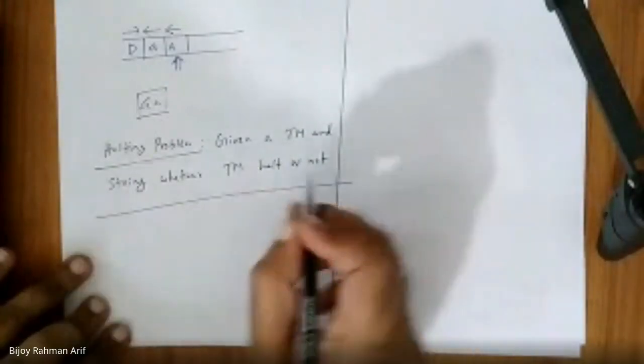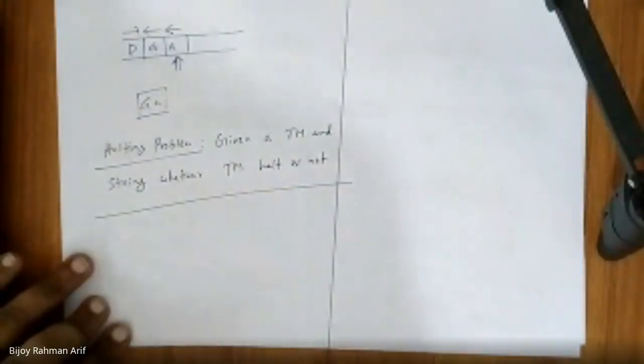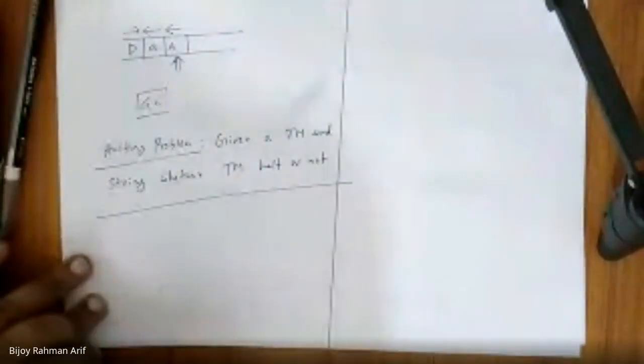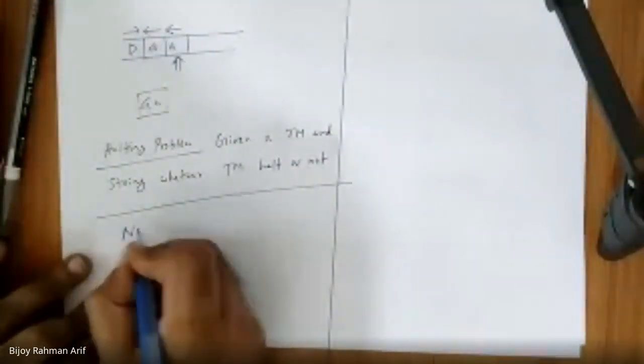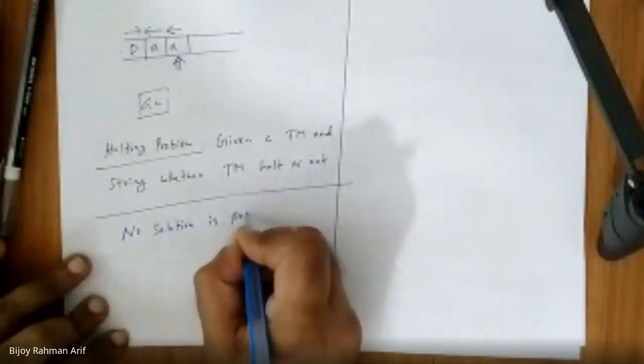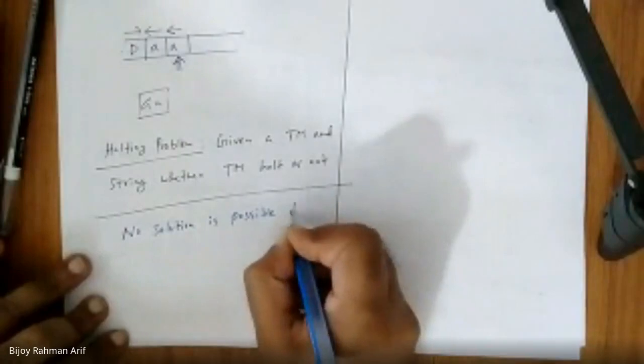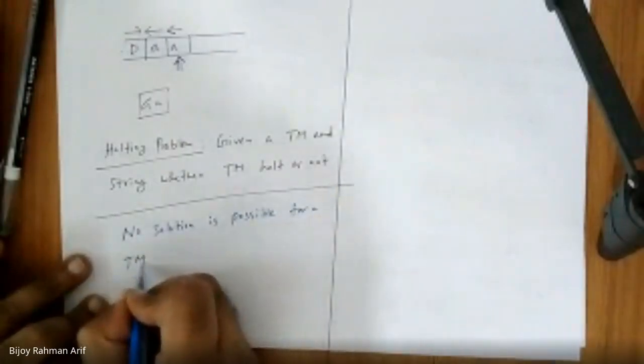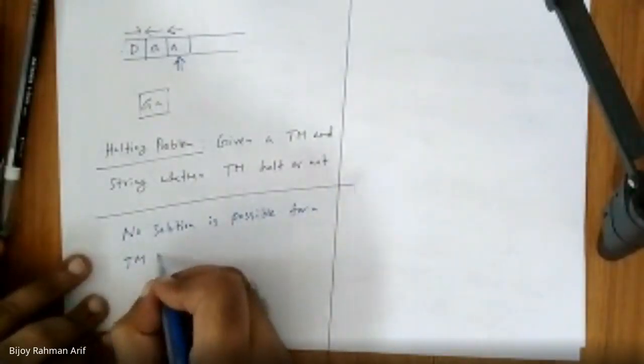So this is called halting problem. And actually, a Turing machine can never decide this problem. No solution is possible for a TM of this problem.